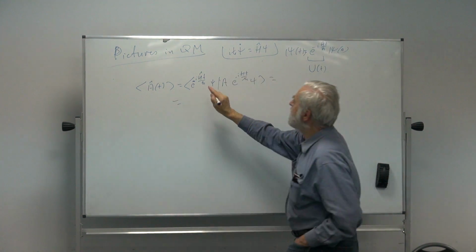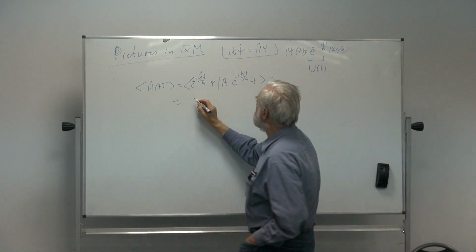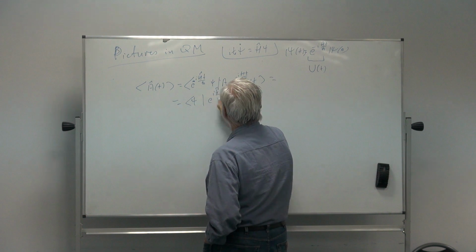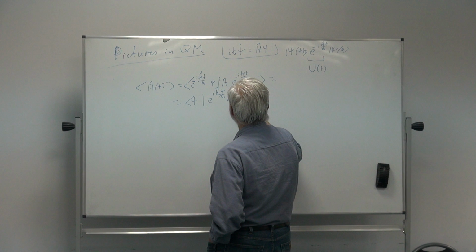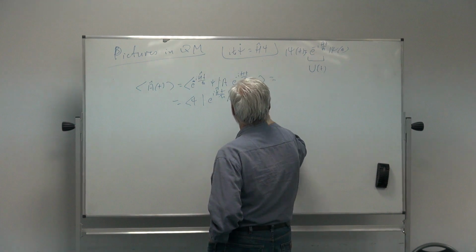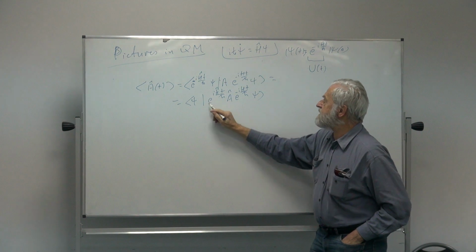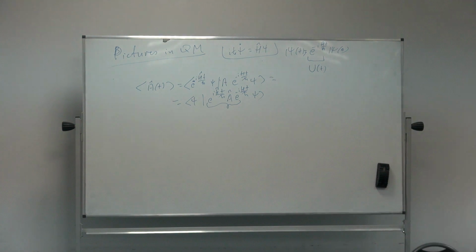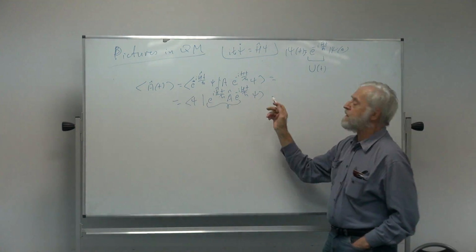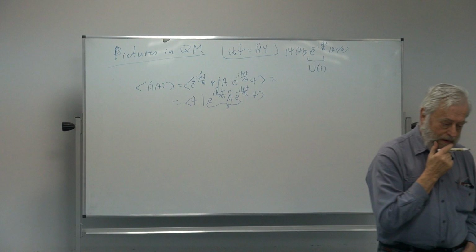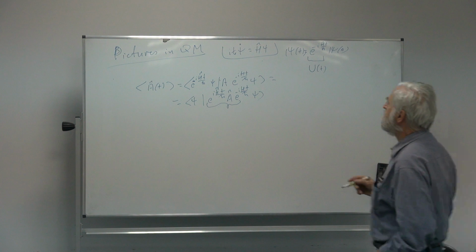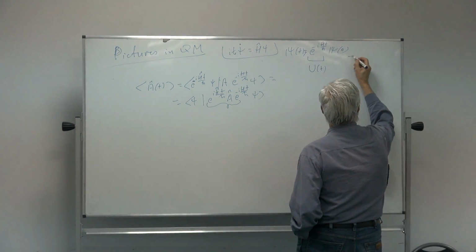And of course, taking this fellow here, I can write like this, e to i H t over h bar A e to minus i H t over h bar times psi. And of course, what I see is that instead of considering states to evolve, I could equally well say that no, my states are not changing in time, but my dynamical variables do change in time, yes? And this would be the Schrödinger picture.